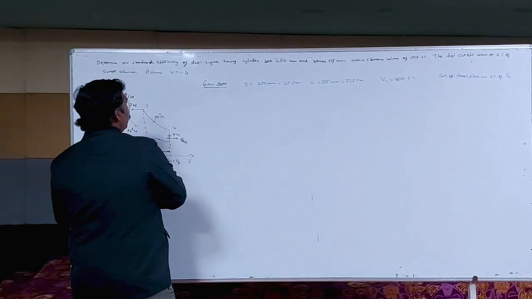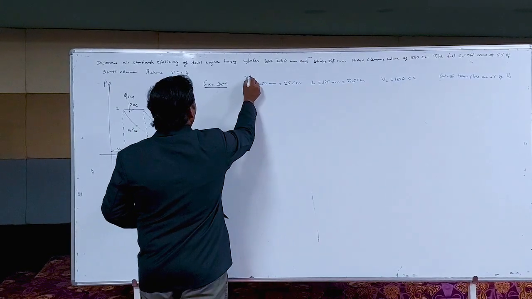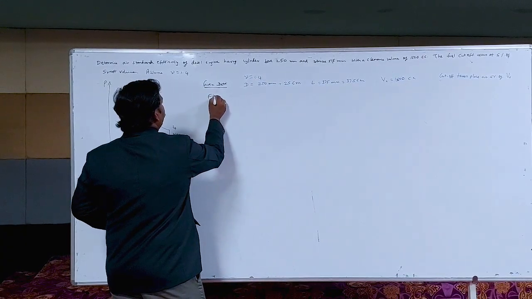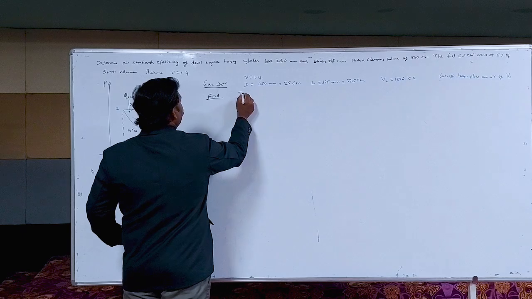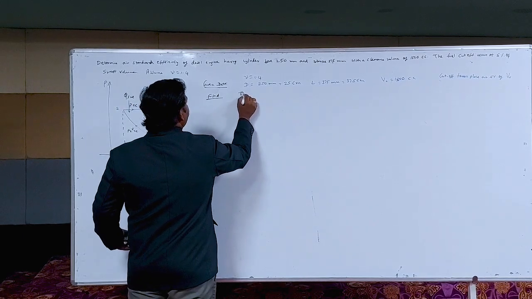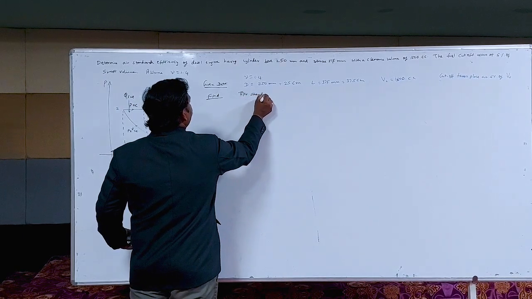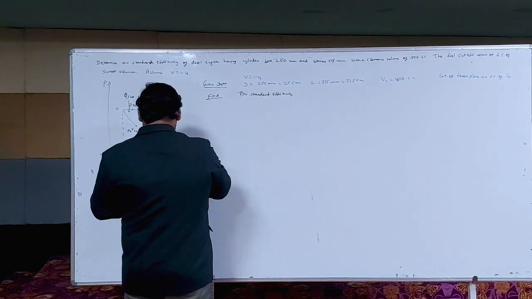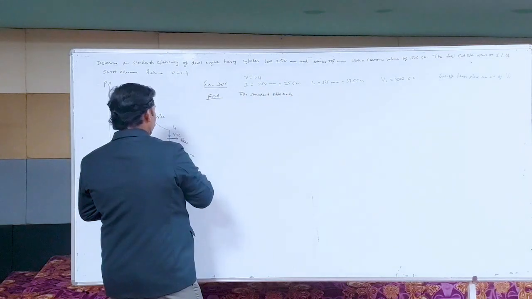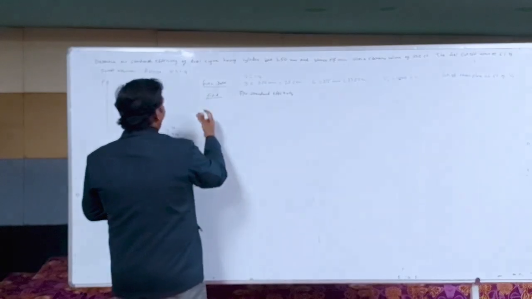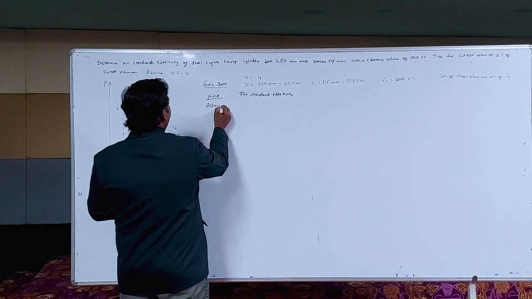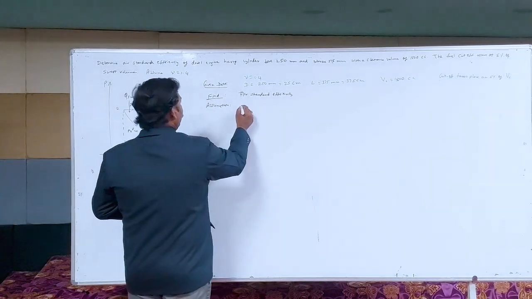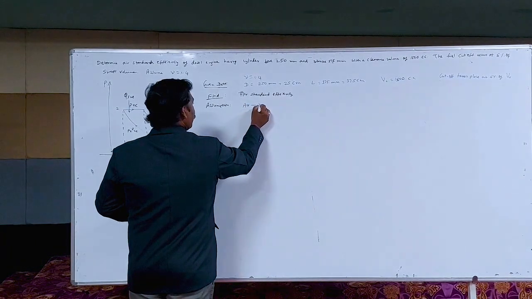So now we have to find out, and gamma is equal to 1.4, it is given, the thermal efficiency or air standard efficiency. Assumption: air is the working medium.